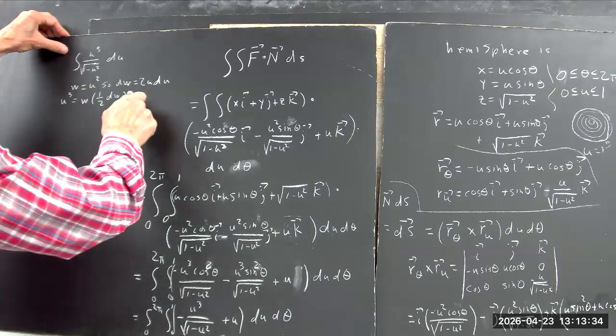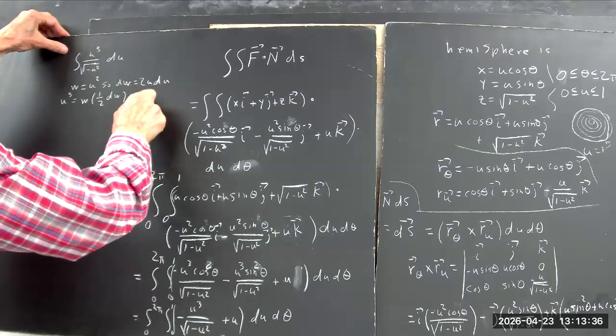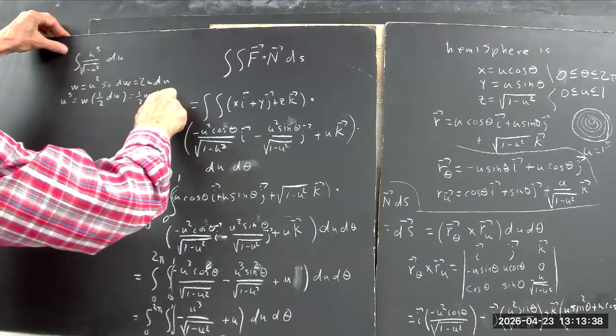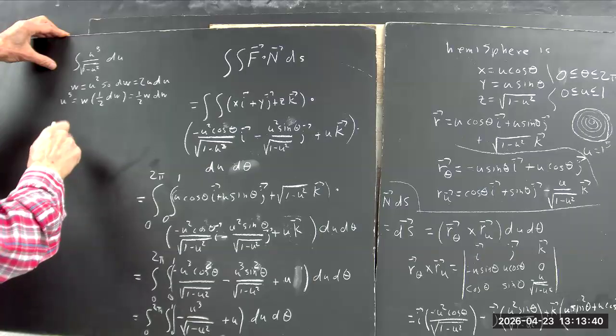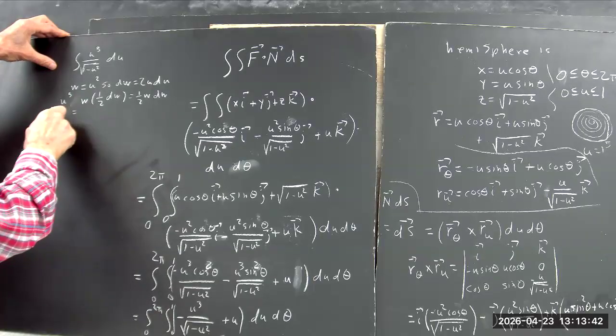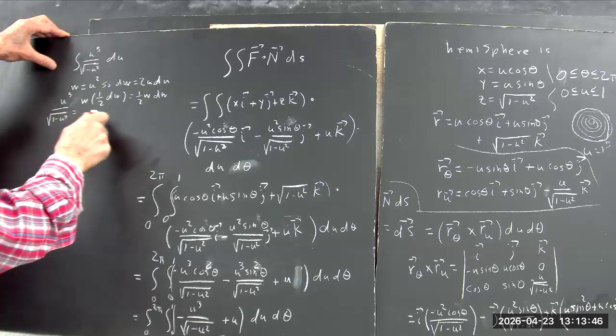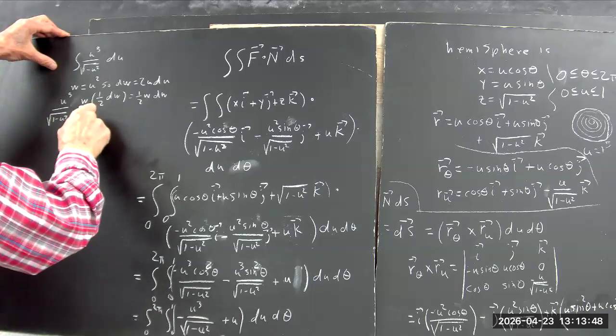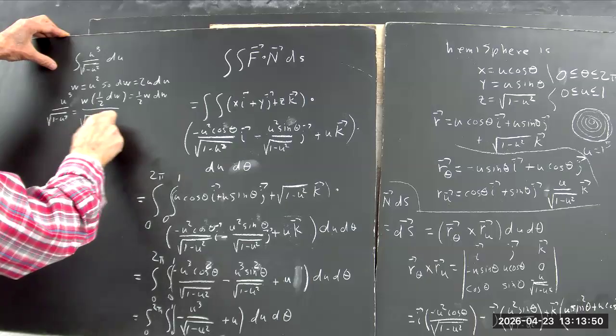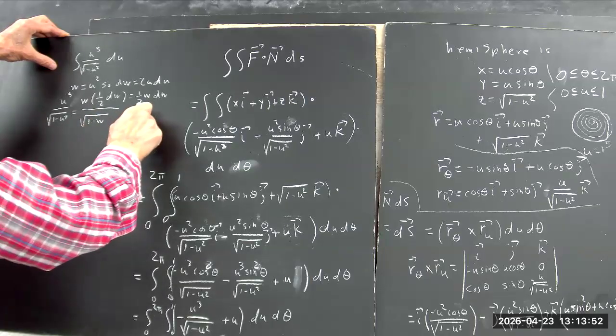Which is, of course, then, just do the whole thing. Then the square root of 1 minus u squared becomes the square root of 1 minus w.